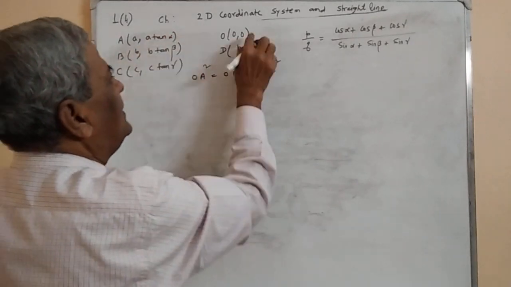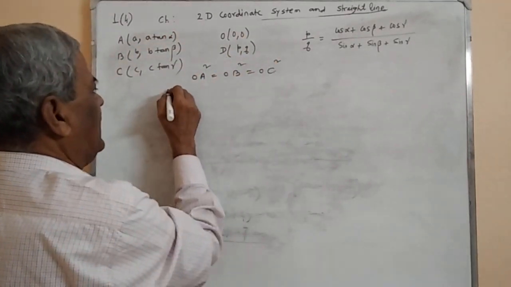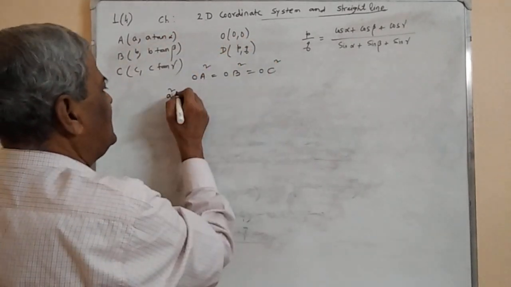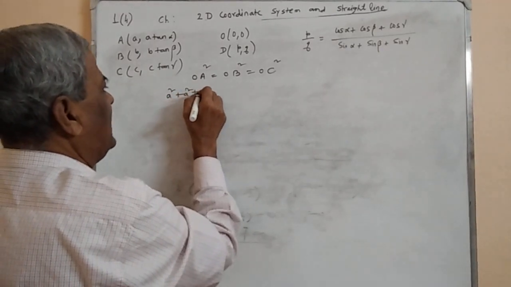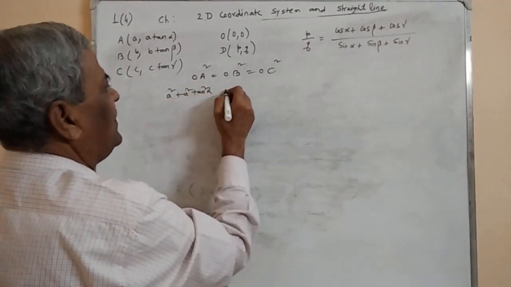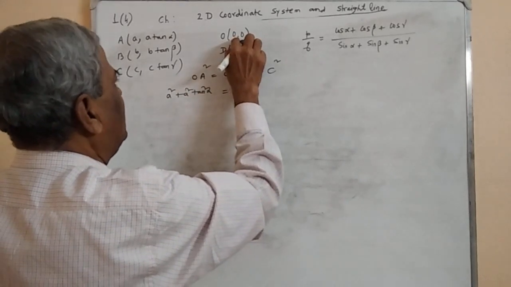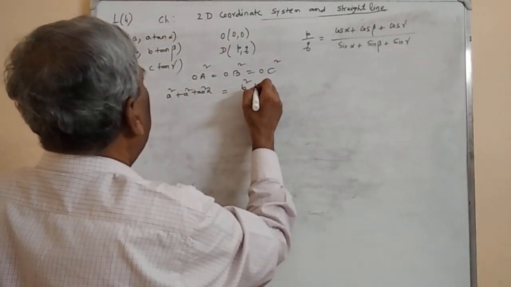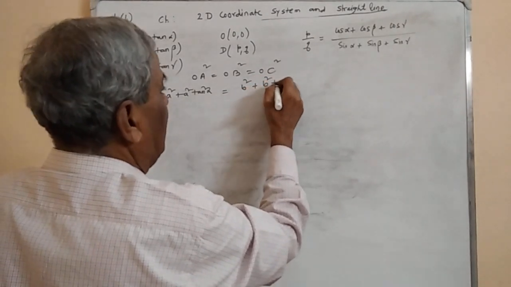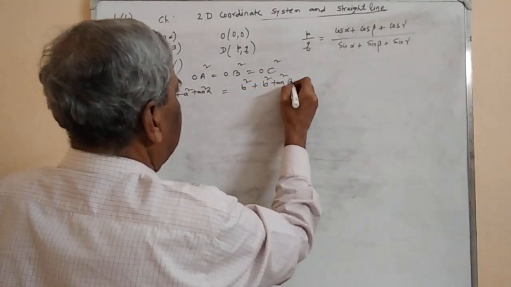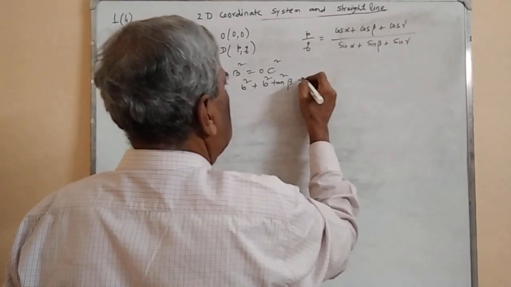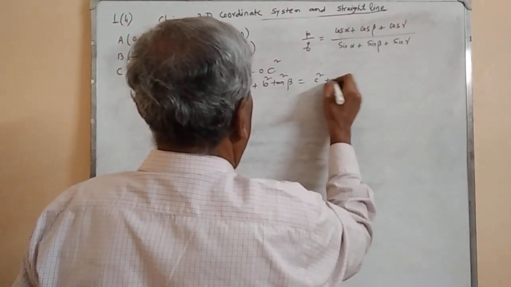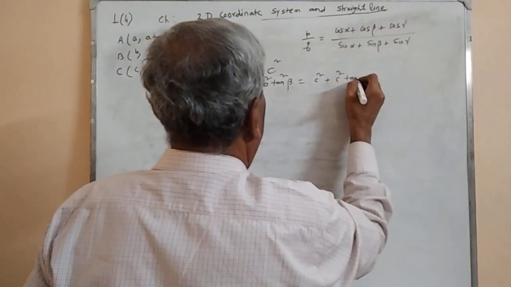OA square is nothing but A square plus A square tan square alpha, equal to OB square, that is B square plus B square tan square beta, equal to OC square, that is C square plus C square tan square gamma.